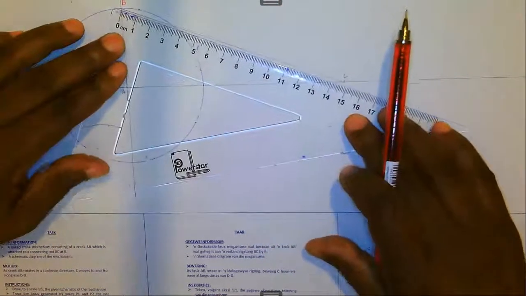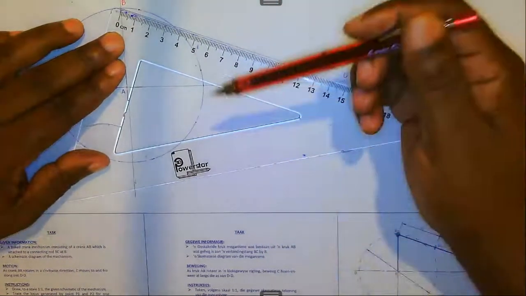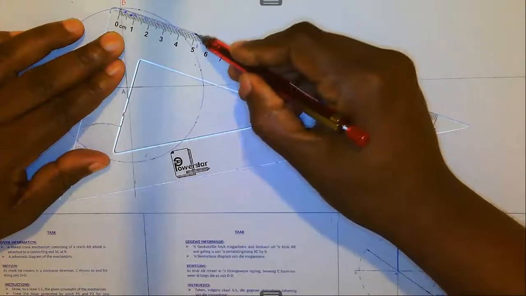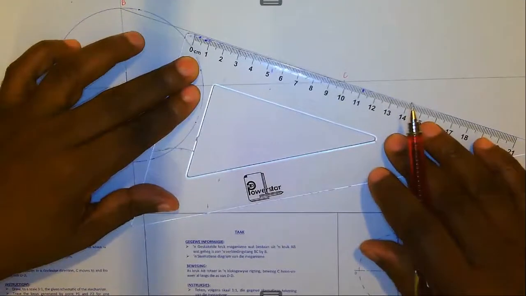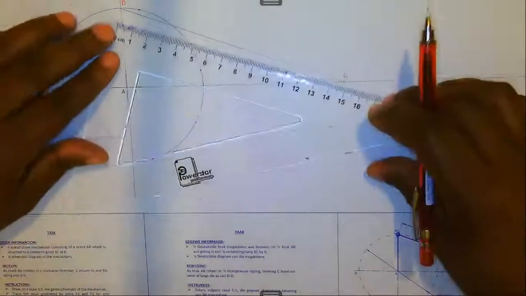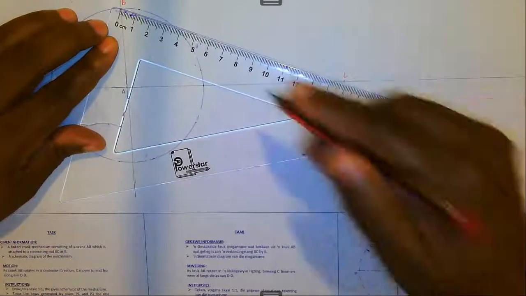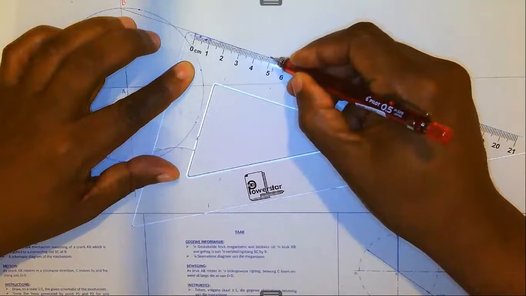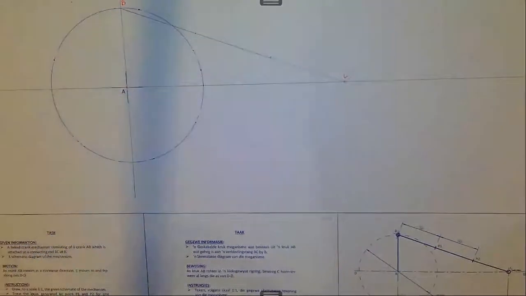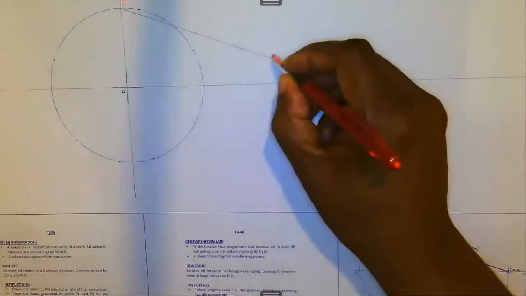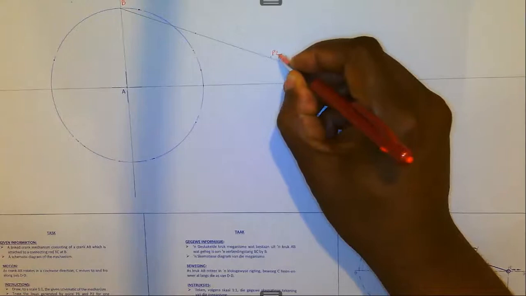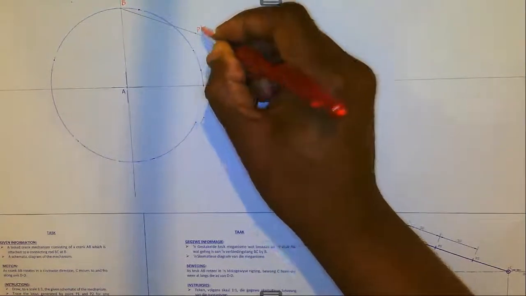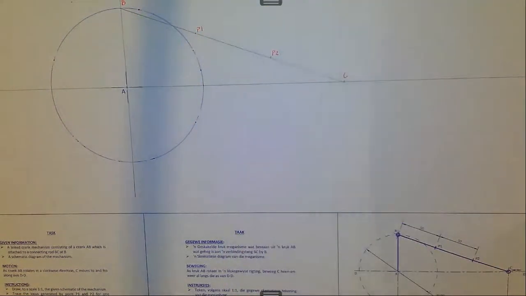Sorry about the disturbances. That's 50, which is fine. So we are going to measure from here to there, 50. That's P1. Then another 50. That's P2. We label this one P2, P1, and we can outline this.